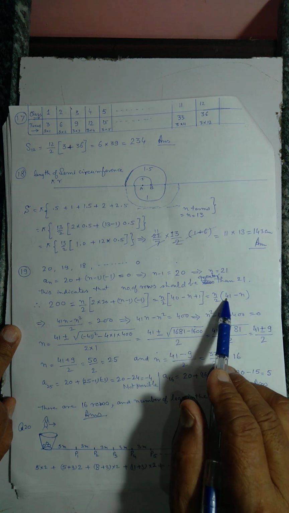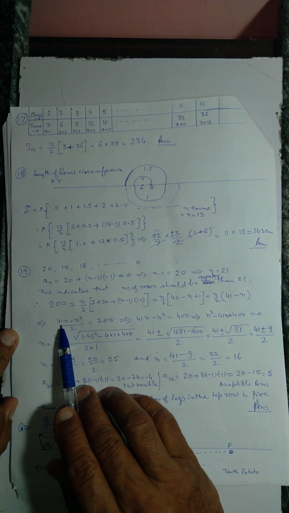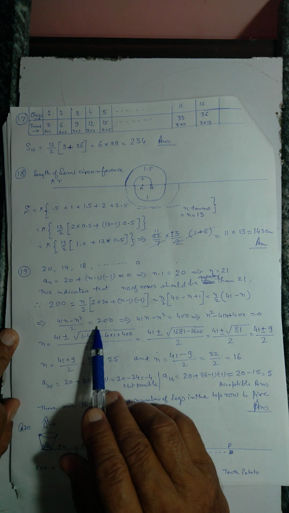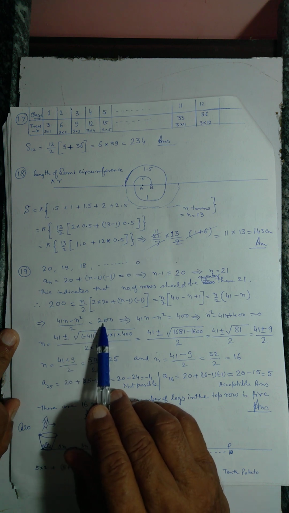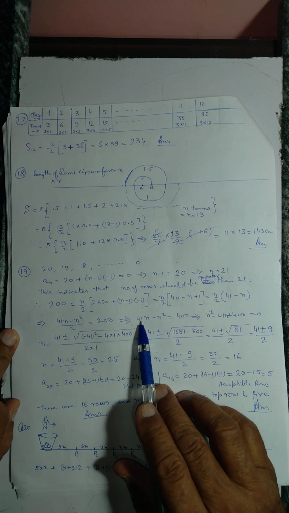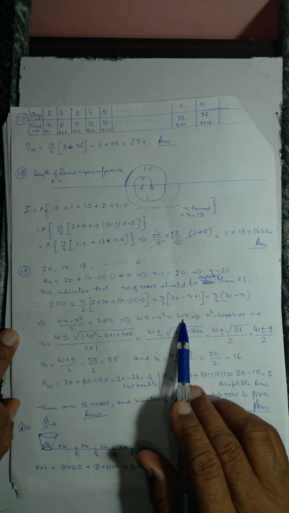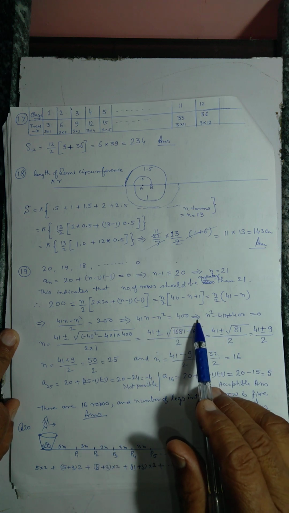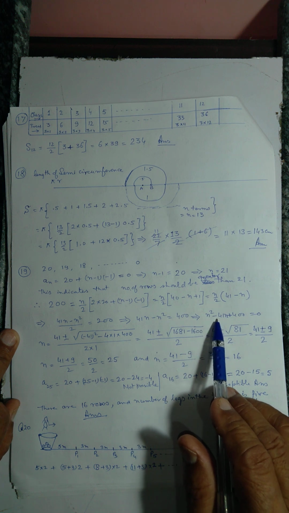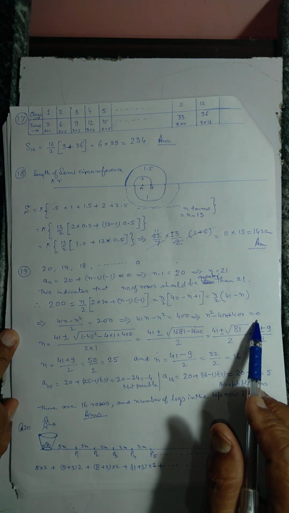So n by 2 into 41 minus n. You will get 41n minus n square by 2 will be equal to 200. Cross multiply it, you will get 41n minus n square equal to 400, and it indicates n square minus 41n plus 400 equal to 0.